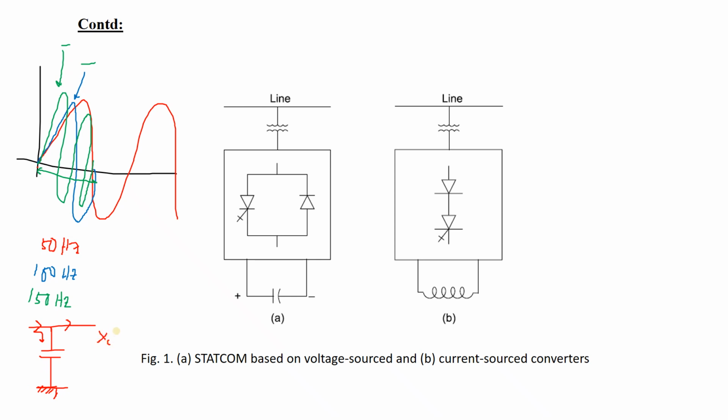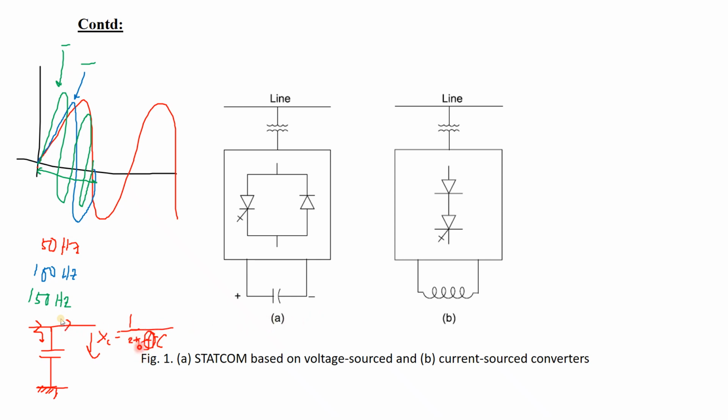Because we know that capacitive reactance Xc is 1 upon 2 pi f C. The more the frequency, the less the reactance. For the fundamental frequency, the frequency is low, so the reactance is high, so the current will not travel through this capacitance because it is a higher impedance path. It will ignore that and travel into this circuit.